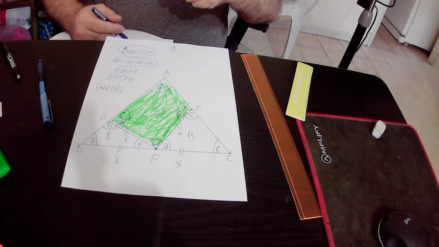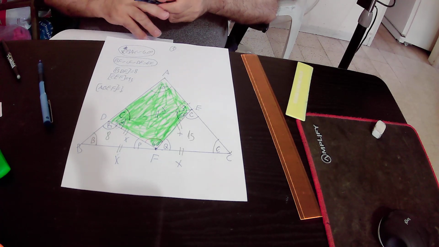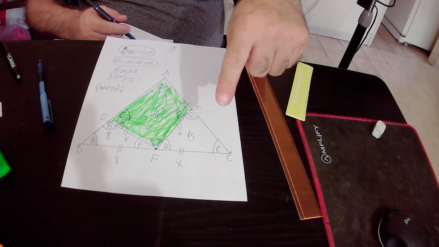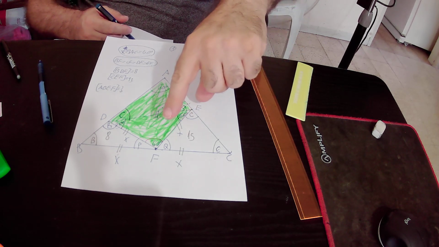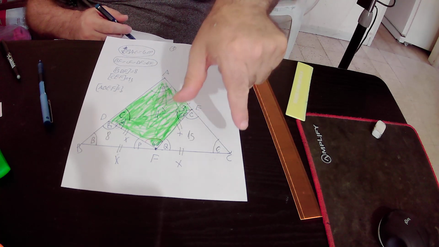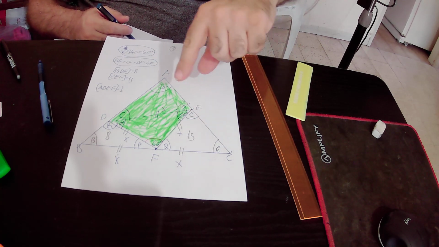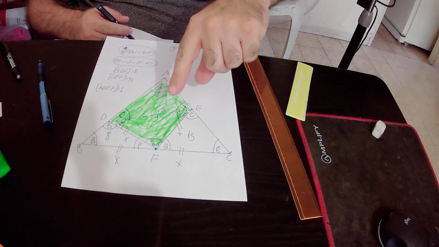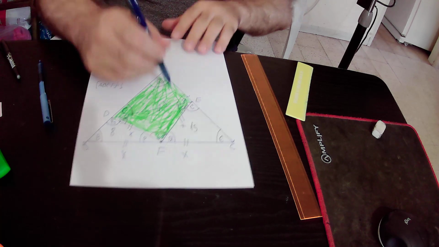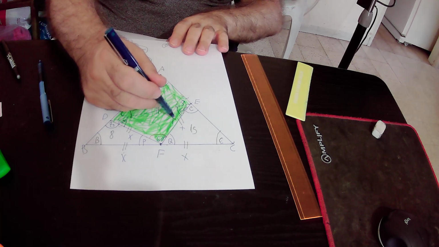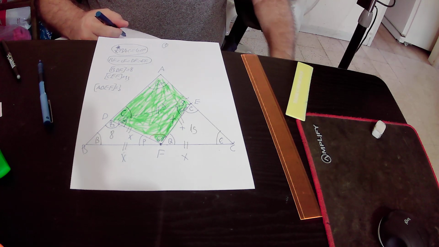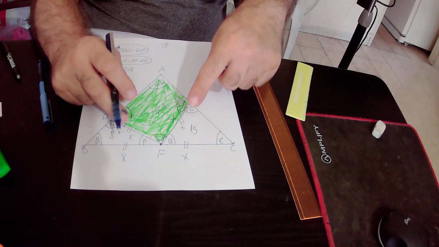And according to the formula that I presented to you, the area of this triangle FEC will be equal to FE times FC times sine theta over 2. We know that FE equals X. It is given in the question that all those sides are equal to each other.